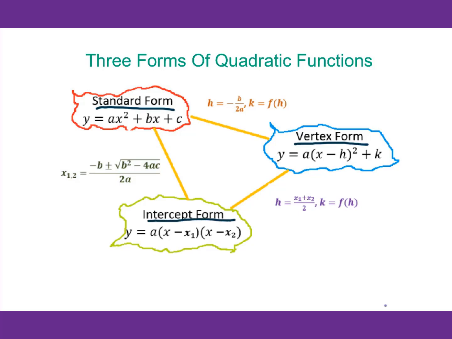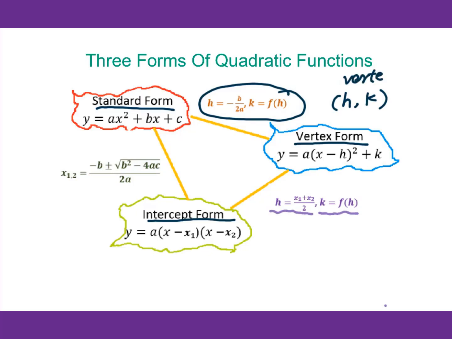The relationship between intercept form and vertex form: h equals x1 plus x2 over 2, and k equals f of h. The relation between standard form and vertex form: h equals negative b over 2a, and k equals f of h. (h, k) is the vertex of a quadratic function.